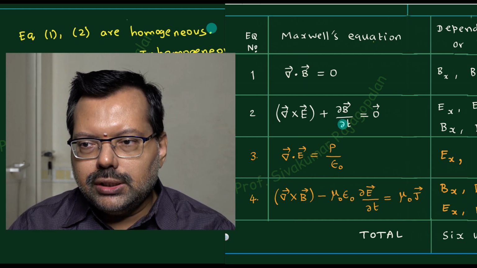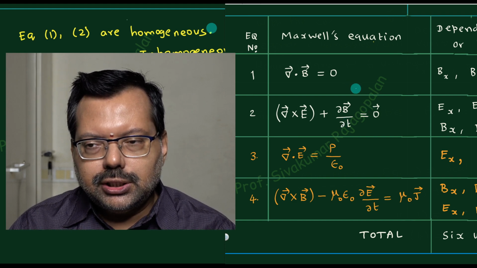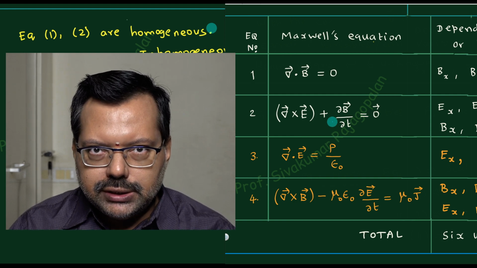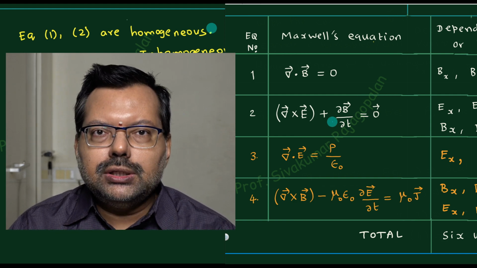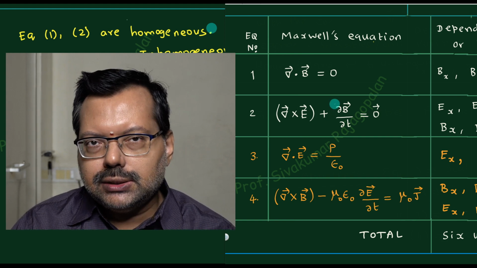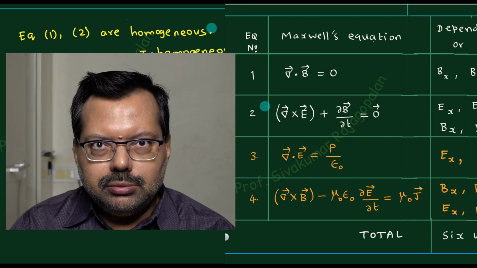The first and second equations are homogeneous differential equations. That is why we have written them at the very beginning. Of course, this numbering is exactly following the previous class. So you should complete the last class lecture and then follow today's work, so that the equation numbering will be maintained.